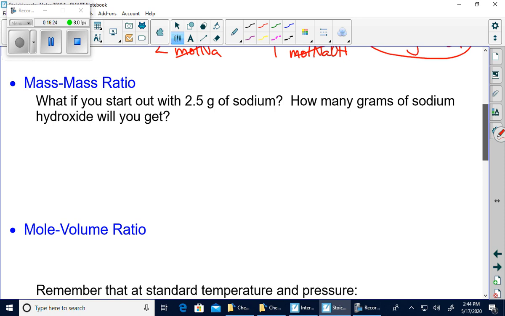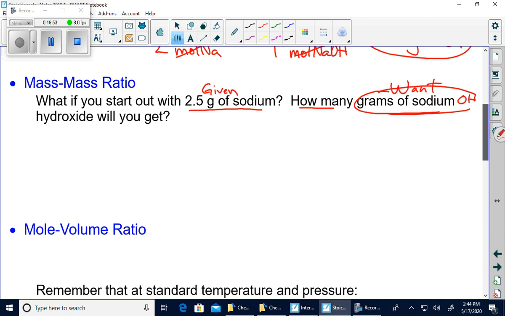So normally I'm going to start out with 2.5 grams of sodium. How many grams of sodium hydroxide will I get? Okay, so this is what I'm given: 2.5 grams of sodium. How many grams of sodium hydroxide? This is what I want.